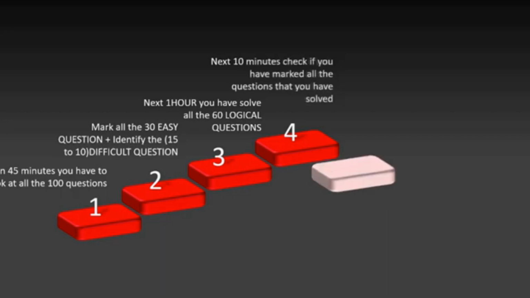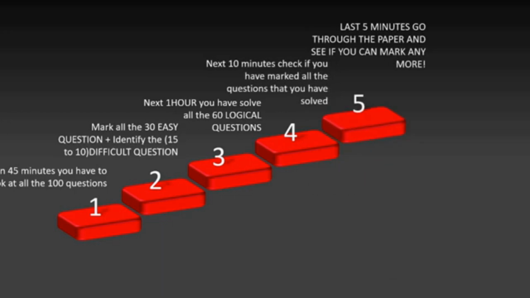And the last stage is, for example, the last 5 minutes. This is what I do. In the last 5 minutes, I check the things which I have left. For example, the 10 difficult questions which I would have left, I would see through the paper if I am able to write those 10 difficult questions also.